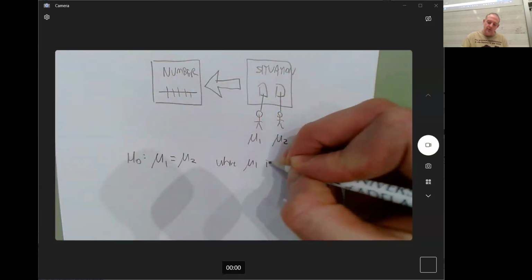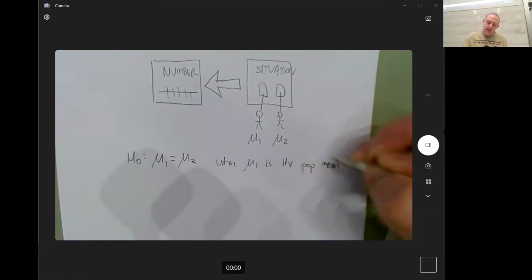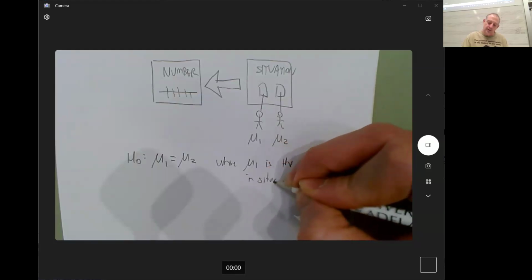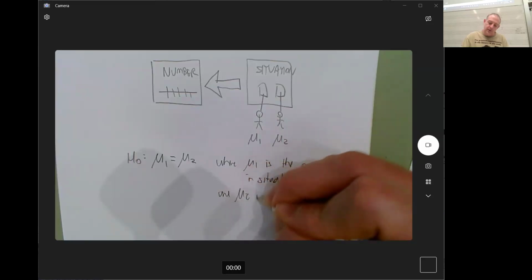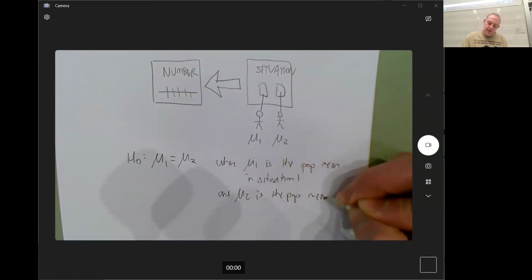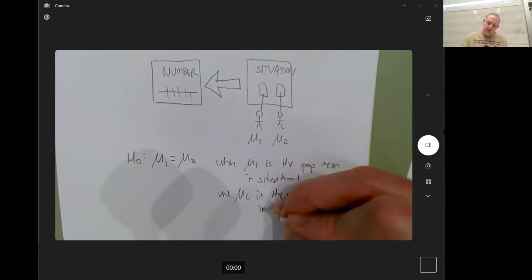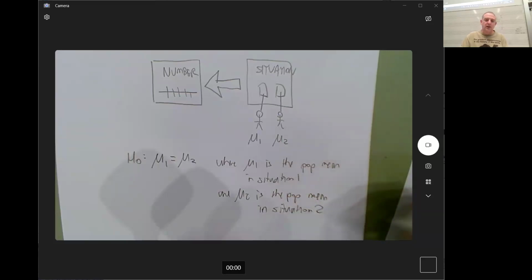Where mu1 is the population mean in situation 1, and mu2 is the population mean in situation 2. Now, you have to do that in context.